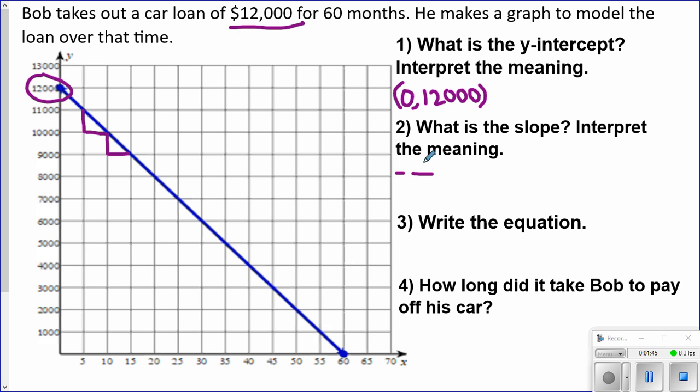Each box is worth 1,000. My scale here is 1,000. We're going up by 1,000 every time. And I'm going over 1 box, but what is each box worth? 5. My scale on my x-axis is 5. So go ahead and divide these 2 things. What do we get?